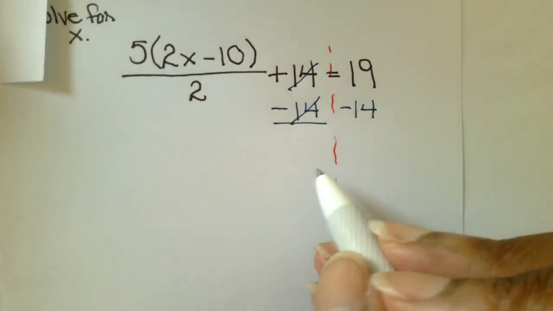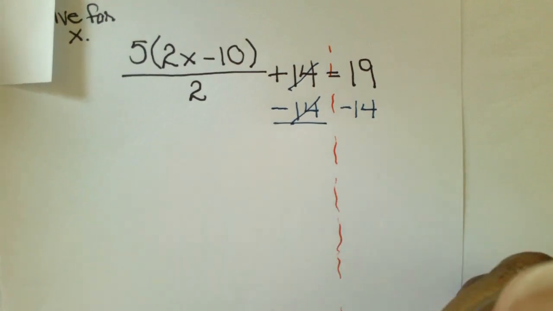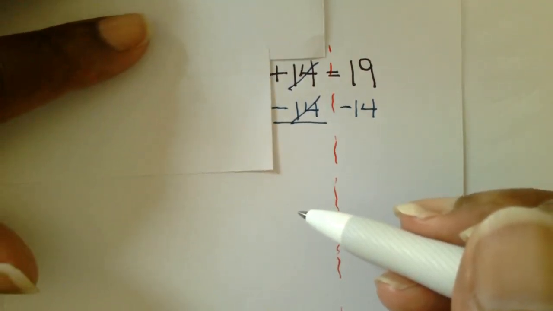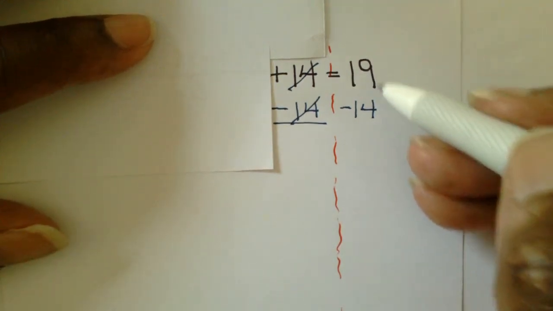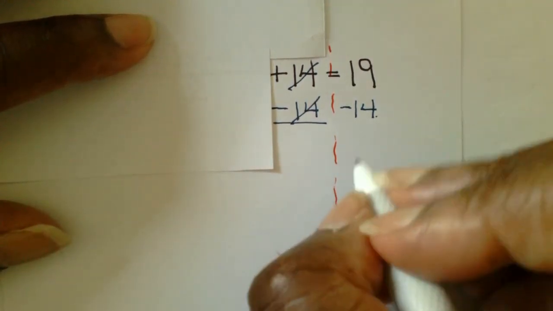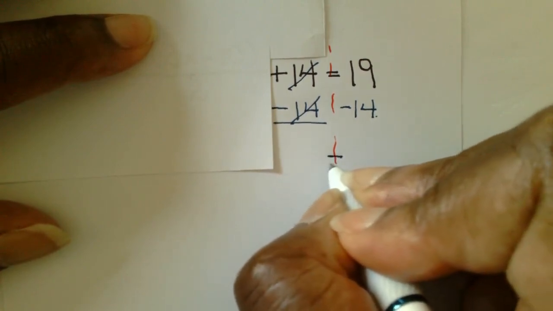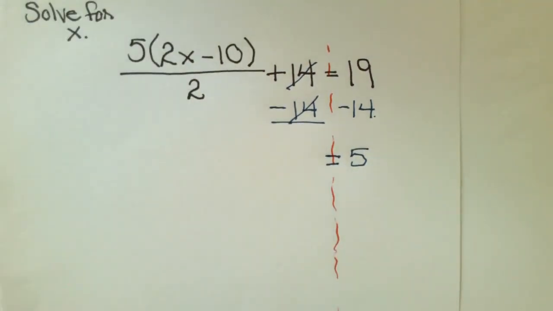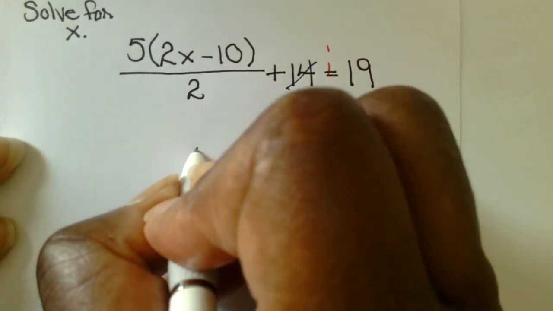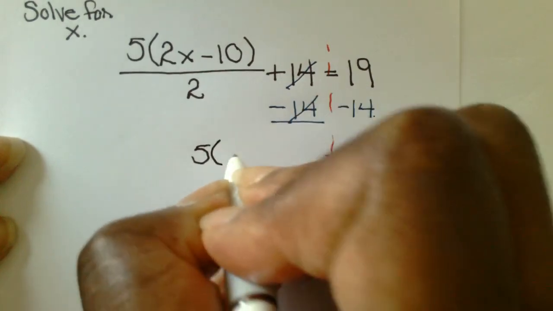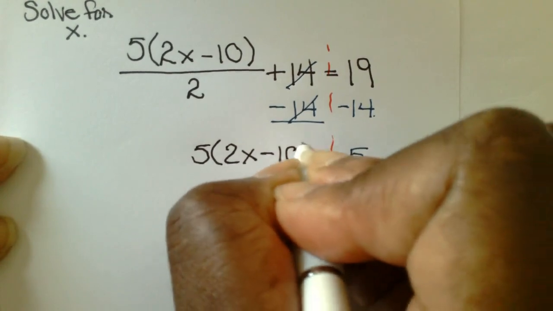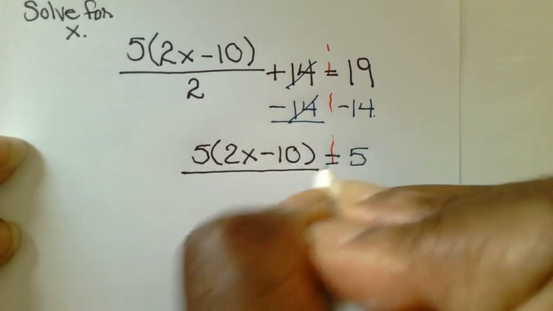But we got all this fun stuff happening over here on the left-hand side, so we don't need that 0 as a placeholder. But now 19 minus 14, that gives us our 5. So I'm going to put my equal 5 right here. And now I'm going to recopy everything else. So this is our 5 times 2x minus 10 divided by 2.